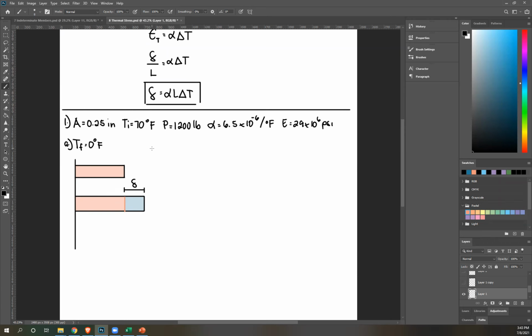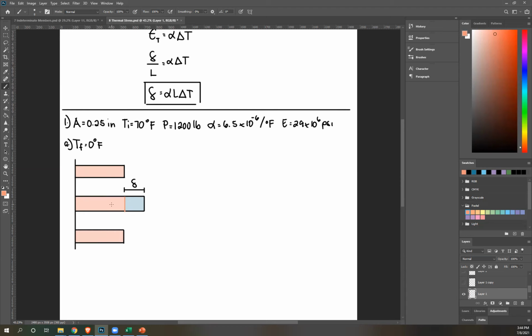So the temperature that will apply will be on the original block. Because whether it's stretched or whether it's just like this, the amount that it deforms due to temperature is the same. So just to make things clearer, it will depend on the original length. Okay? So again, this is your original length.